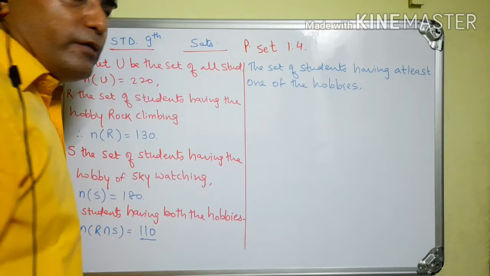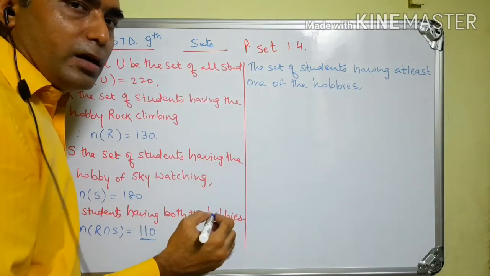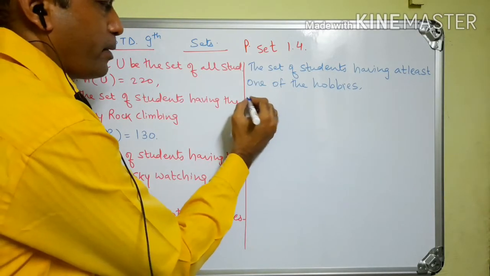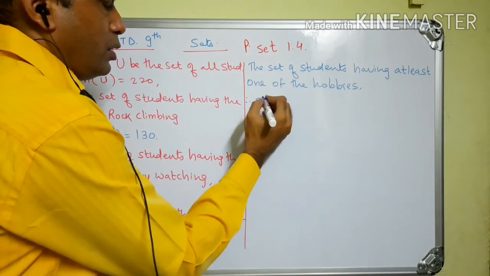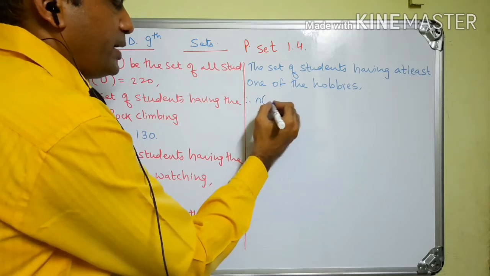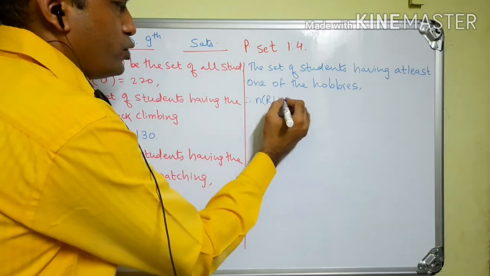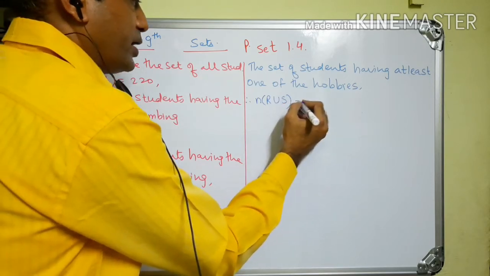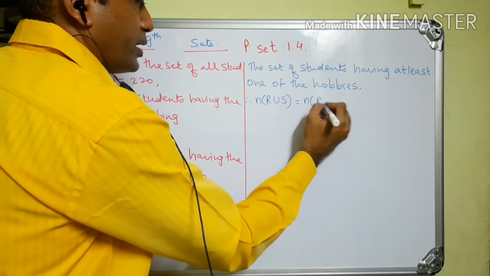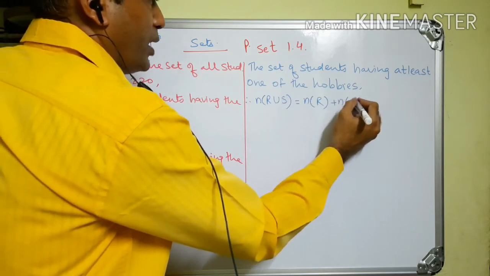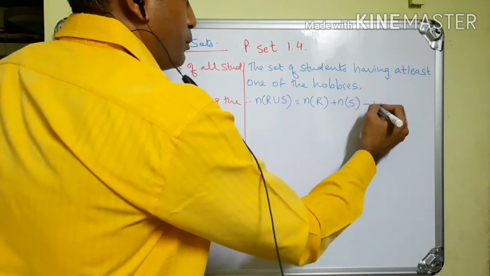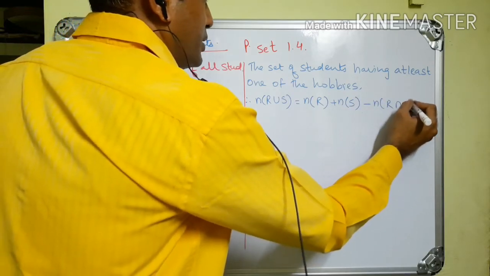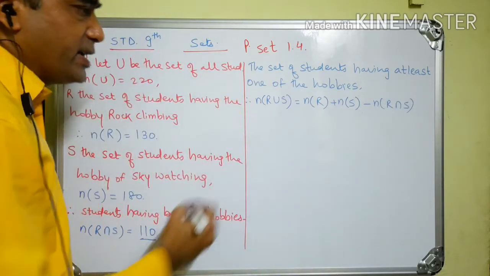This set will be represented by the union set. So we have to find the number of elements in set R union S. The number of elements in the union will be n(R) plus n(S) minus n(R intersection S).